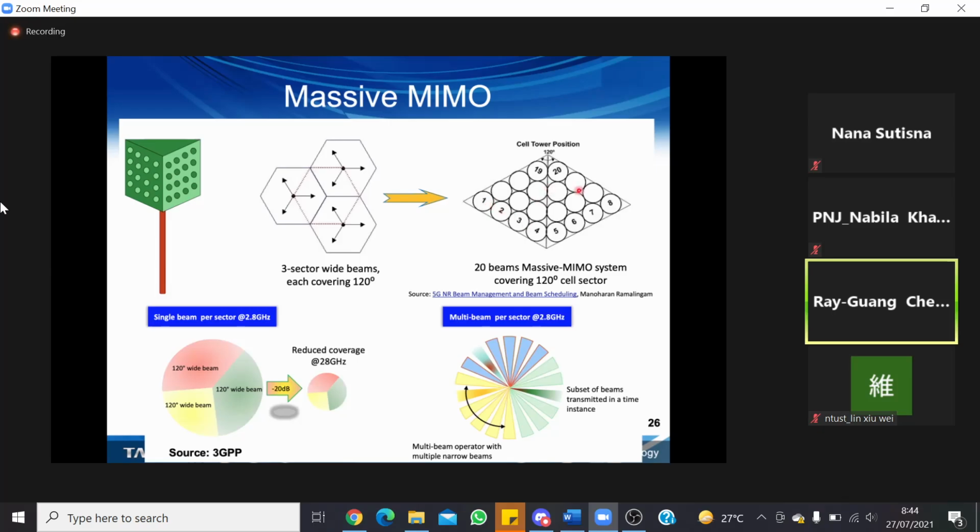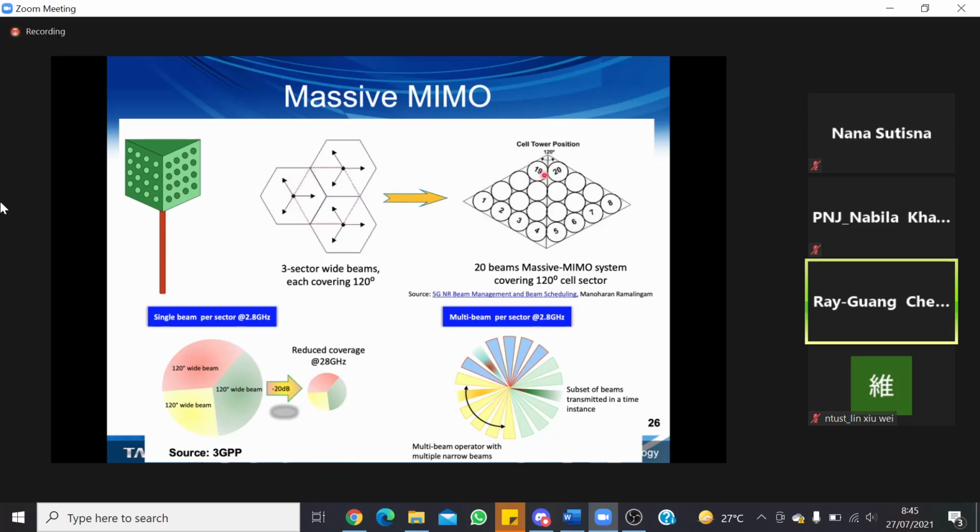In this case, you can find 20 cells here. Originally, you can divide a circle into 3 areas.